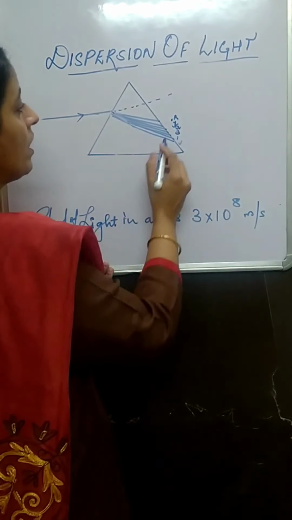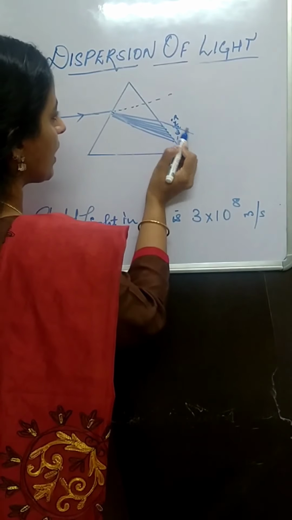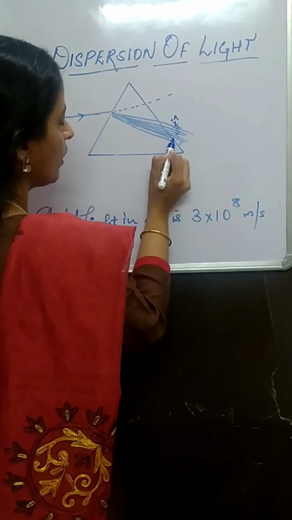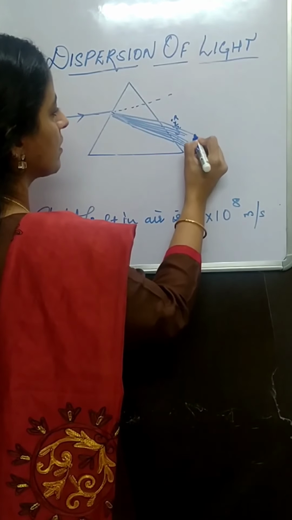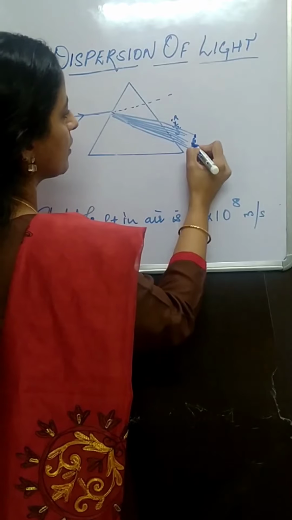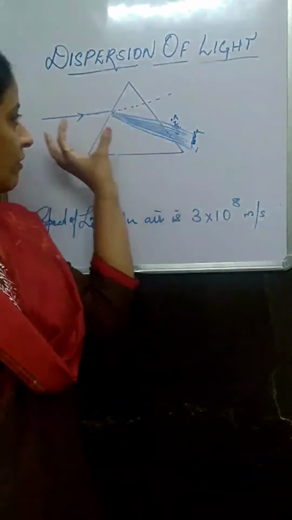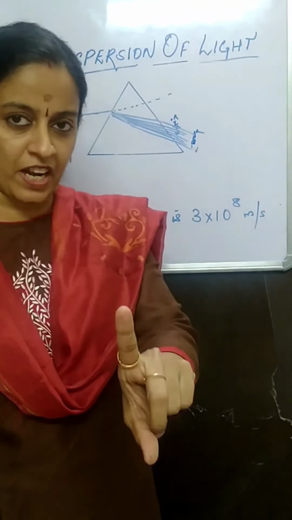Red at the top. Now, again from glass as it comes to the air, again it will undergo a bend. That also you have to show, with the same colors. So, here refraction is happening 2 times. When white light enters from air to prism, first refraction.